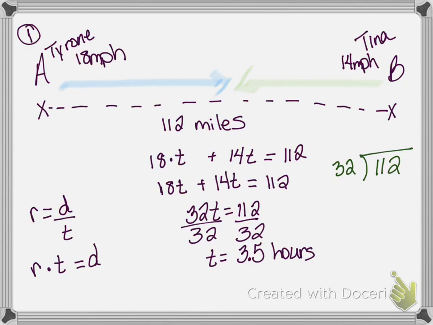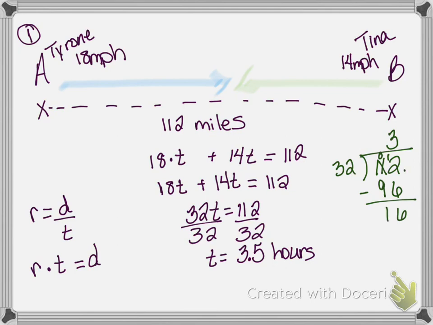32 won't go into 1, won't go into 11, but it will go into 112, and it'll go 3 times. 3 times 2 is 6. 3 times 3 is 9. I'm going to subtract, and when I do subtract that, I get 16.